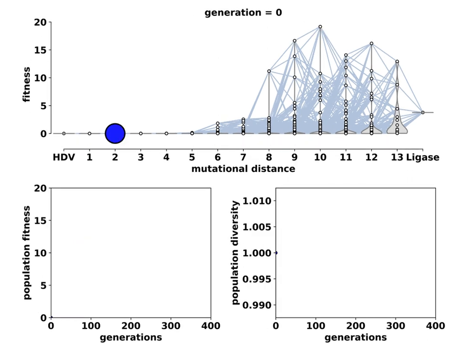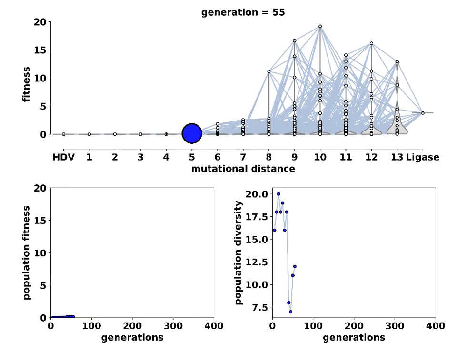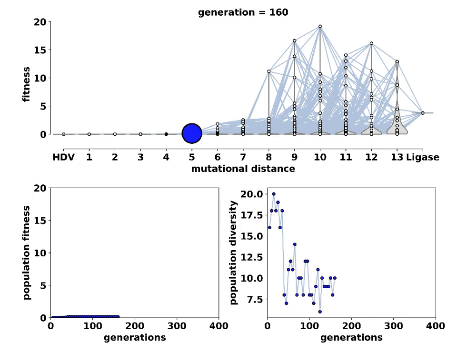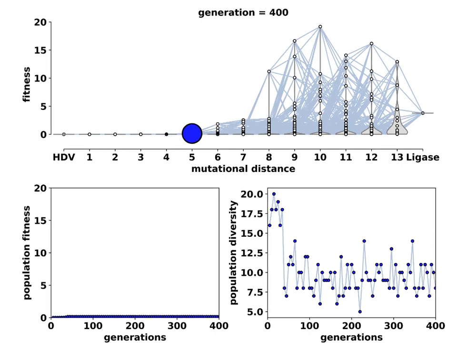However, if we start from a slightly different genotype that's also 2 mutations away from the prototype HDV, we can see that adaptation goes very slowly, and this population gets stuck for a very long time in one spot. And in fact, in this simulation, it doesn't even ever escape from this local fitness optimum.